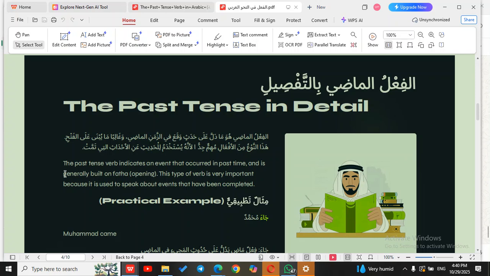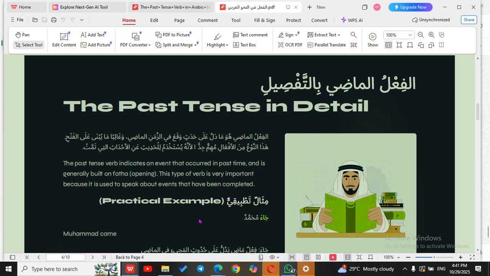The past tense verb indicates an event that occurred in past time and is generally built on fatha, opening. This type of verb is very important because it is used to speak about events that have been completed.